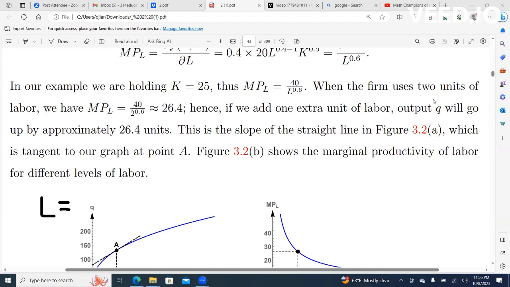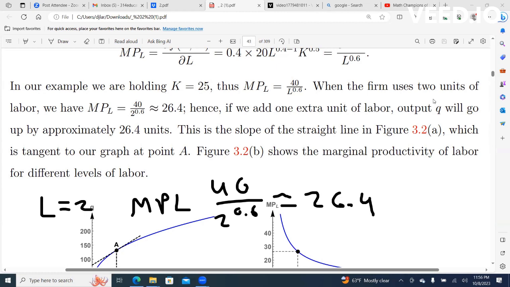If L equals 2, then the MPL, the marginal product of labor, is 40 over 2 to the 0.6, which is approximately 26.4. I think it's actually talking about the third. We can't really add a fraction of labor, although we kind of can, because maybe that tiny little increase in the horizontal can be very small.